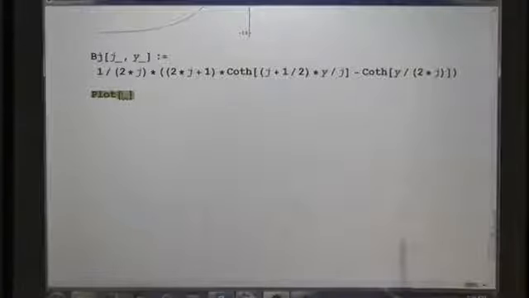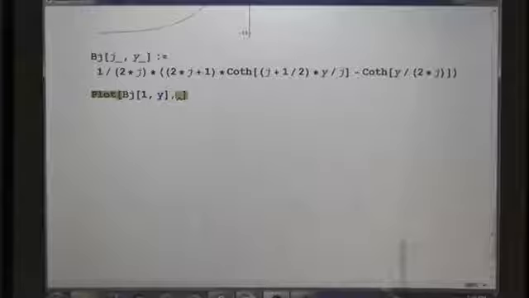Y parameterizes the field strength over the temperature. I'm using the same variables on the x-axis, and I choose j equal 1. So I have a spin 1 system, a boson, like a deuterium nucleus. So what I would like to plot is Bj, j is 1, with respect to y.